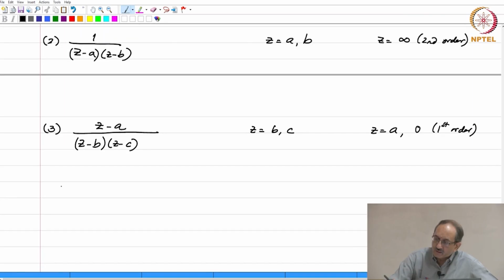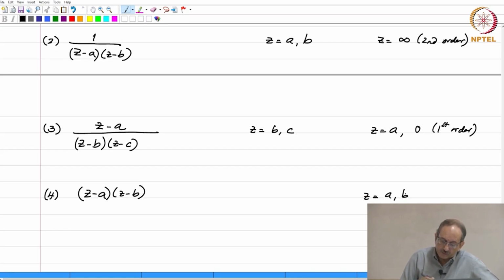And once you see these examples, you can very quickly look at examples like this: z minus a times z minus b, right. Clearly z equal to a comma b are the zeros, whereas you also have poles here, and the poles are actually at infinity, and because this behaves like z squared for large z, you can think of this as a second order pole at infinity.